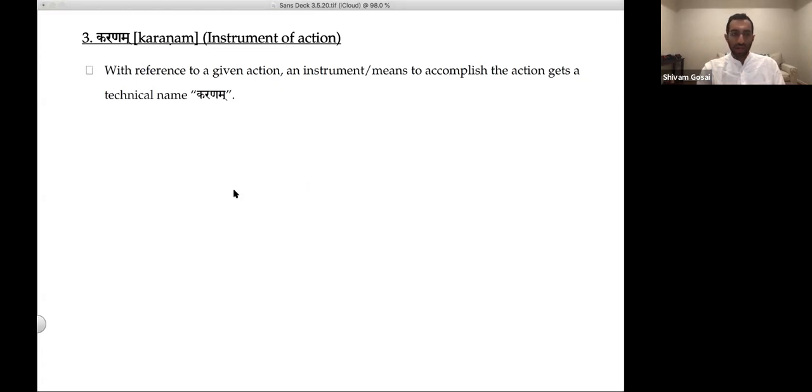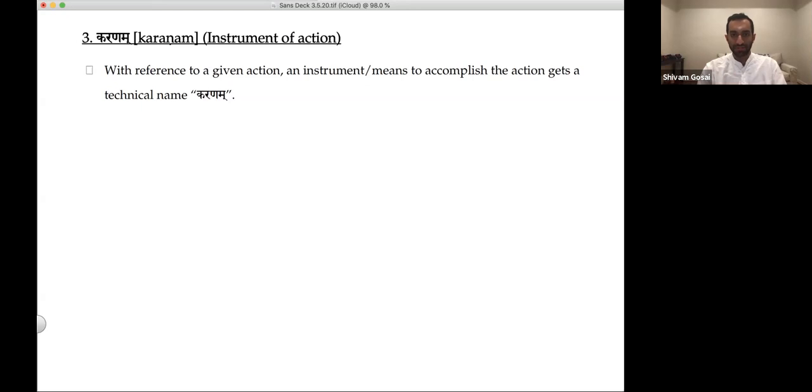So we're going to flip between those two pages. One thing we want to know is that the third case is used to convey the karanam. You can repeat after me, karanam. If you can't find the page, don't worry. It's on the screen, so you can just follow along.